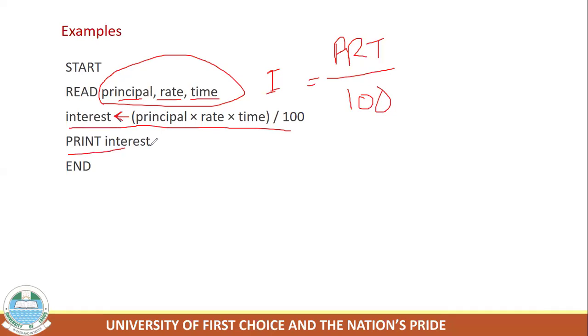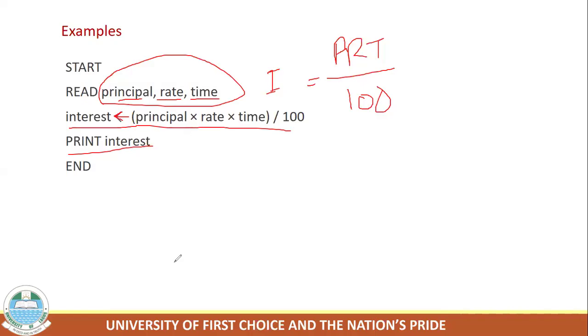Then I can print the interest. To print the interest is another step. To read the input is another step. To do the computation is another step. So always ask yourself, what are the inputs I require? What is the process I need to carry out? And what will be my output?